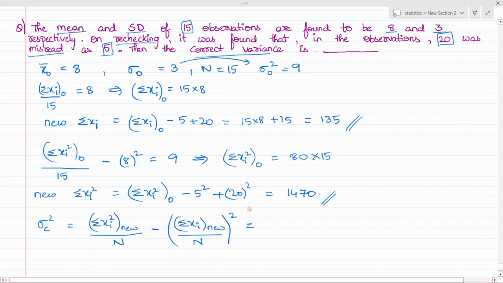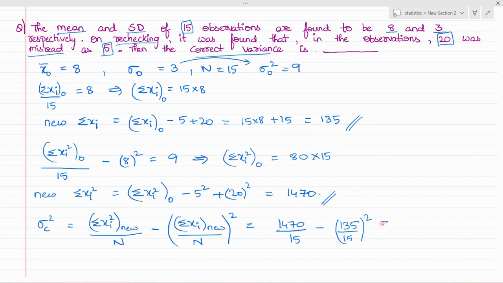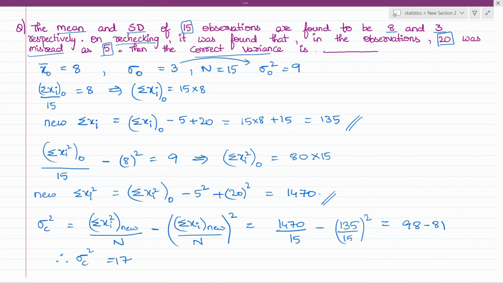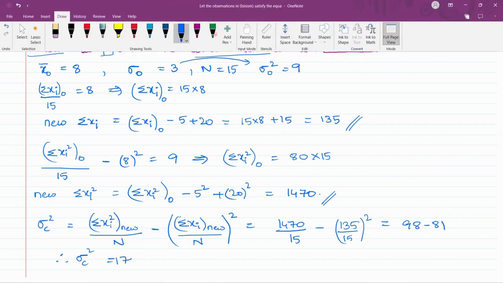So this value we already know, that is 1470, upon number of observations, which remain as it is, 15, minus this new sigma xi, 135 upon 15, whole square. So when you do this, you'll get it as 98 minus 81. Therefore, the correct variance will be 17. So 17 is the required answer to this question.